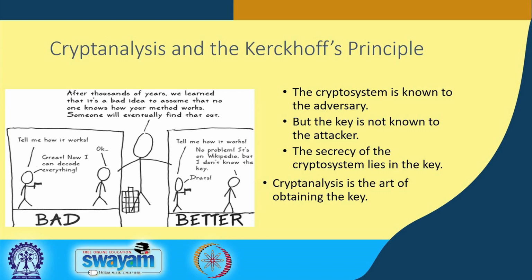That's a bad ploy, because history has taught us that if you keep the algorithm secret, eventually it will break because a human can be compromised. If I take a gun and hold it against somebody, that person will tell the entire algorithm. And then there is a chance that the algorithm is very bad, a weak algorithm, and that will be broken.